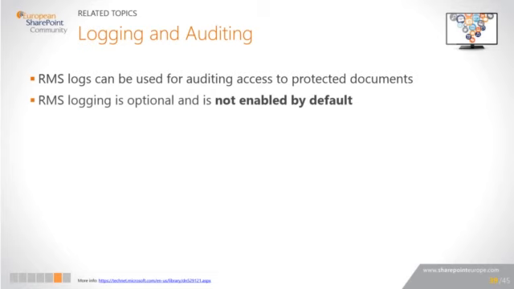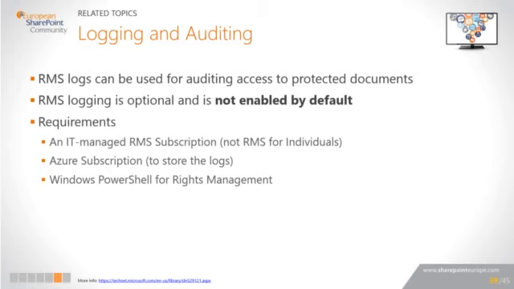In Azure RMS, logging is not enabled by default, and to be able to use it, you'll need an IT Managed RMS subscription. So you cannot use RMS for individuals for this, which is kind of obvious. You need to have the RMS server on your side or on your subscription. You need an Azure subscription because you need an Azure storage to store the logs. And you also need Windows PowerShell for rights management to perform all the configurations.